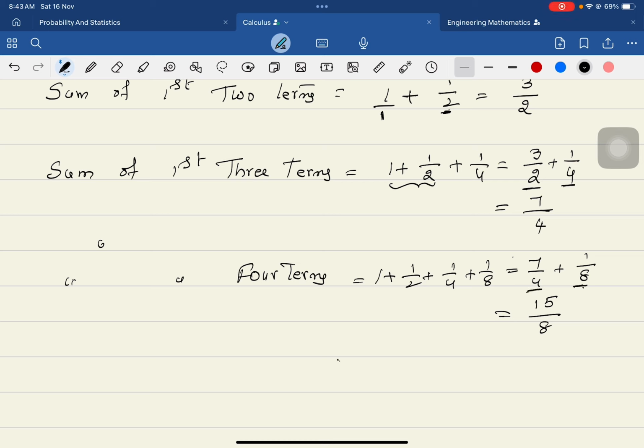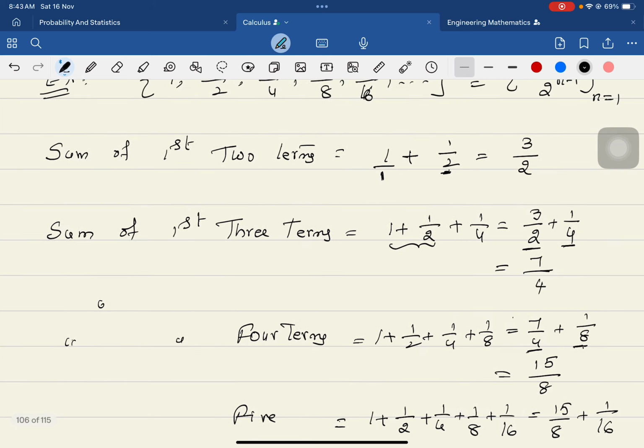Let us write the first 5 terms so that you can generalize: 1 by 2 plus 1 by 4 plus 1 by 8 plus 1 over 16. This gives you 15 over 8 plus 1 over 16, and that gives you 31 over 16.